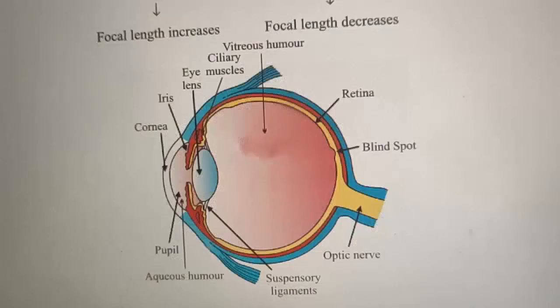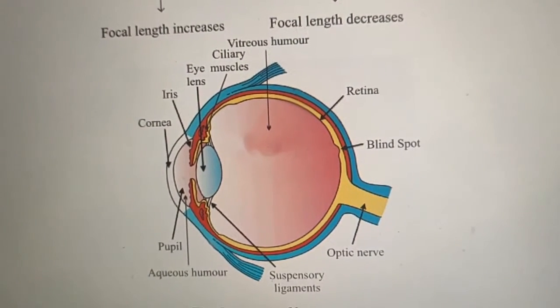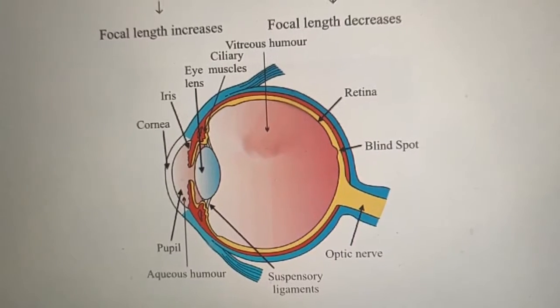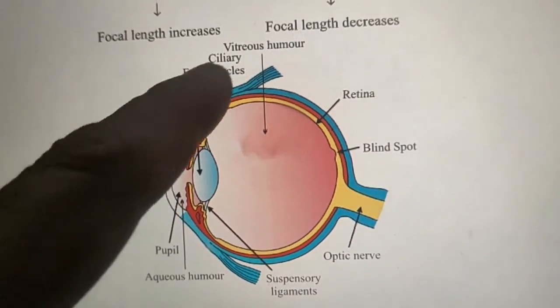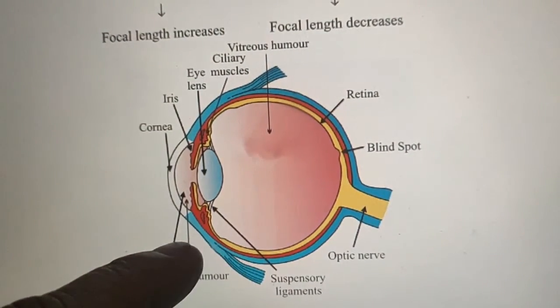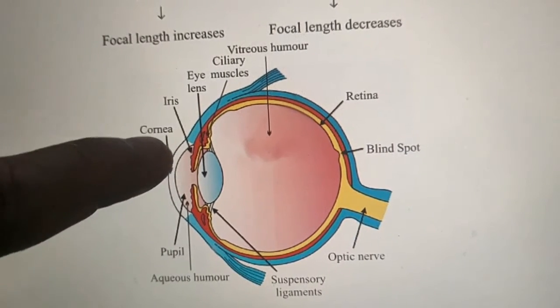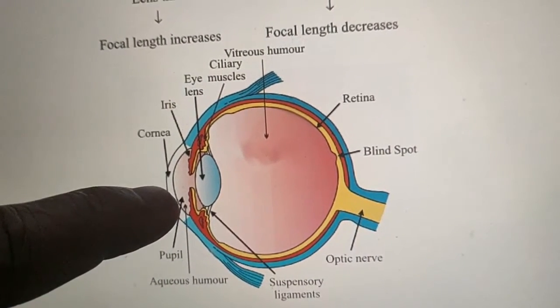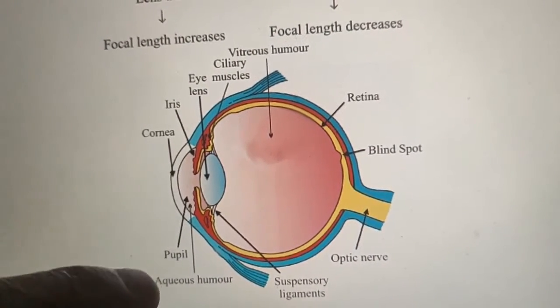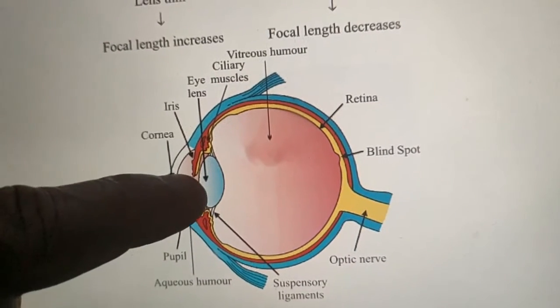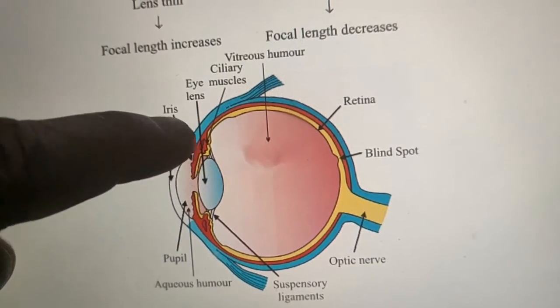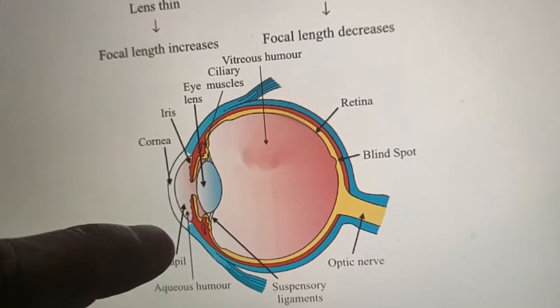Now I will show you the structure of the eye. The structure of the human eye, it is very clear here. It is a circular ball-like structure. First of all, see the cornea at the outer one. Then this is the pupil, this opening, and the iris controls it.